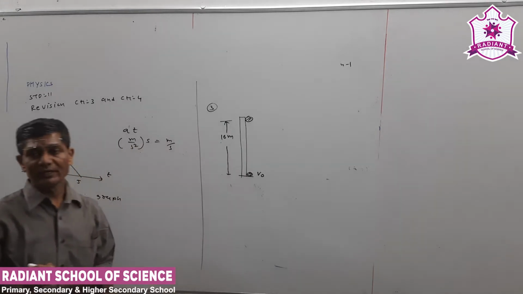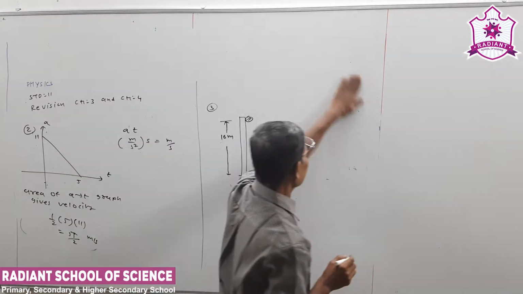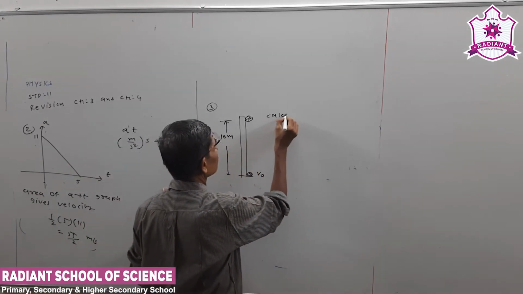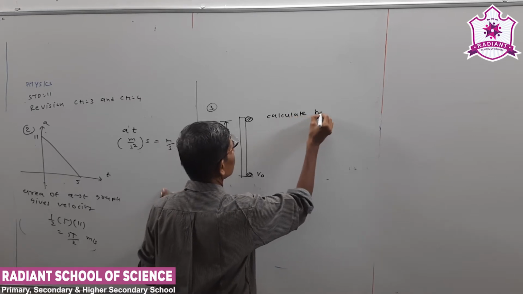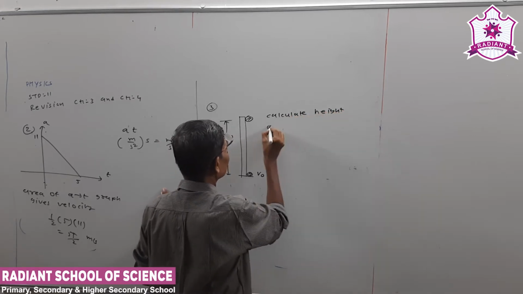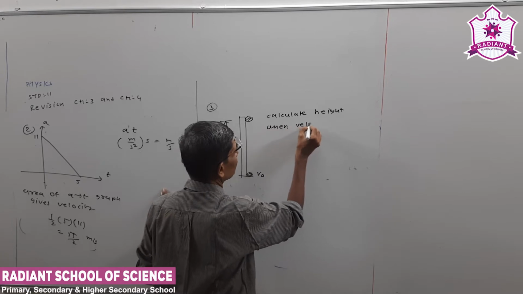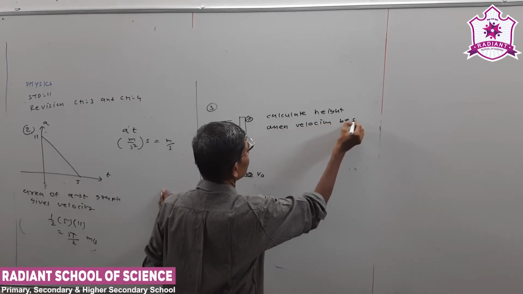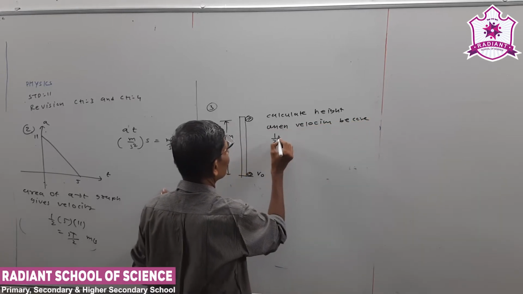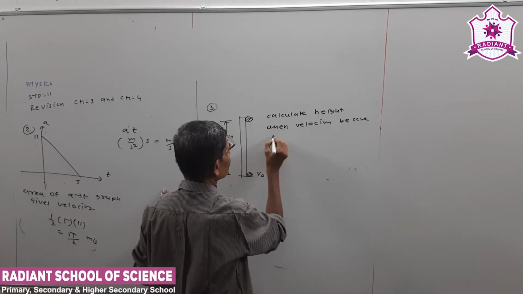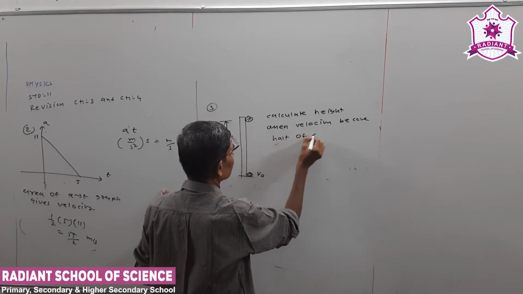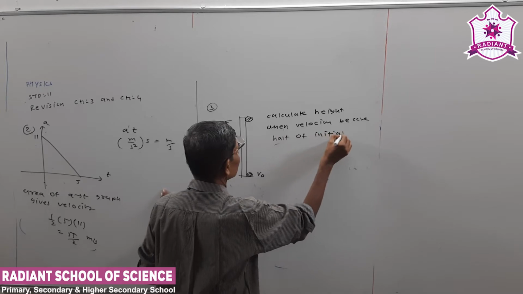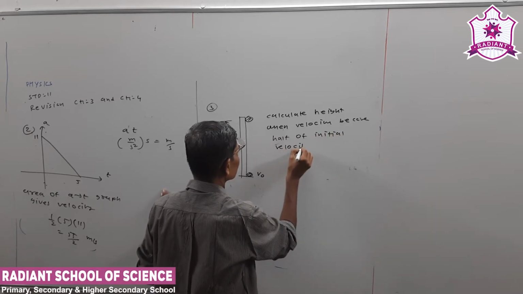We have to calculate the height when velocity becomes half of v0.